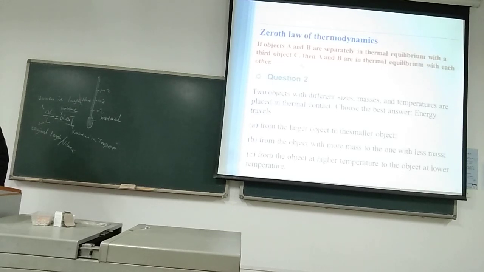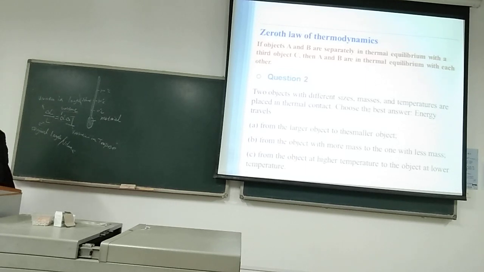That is named the zeroth law of thermodynamics. If objects A and B are separately in thermal equilibrium, how do we read this word? Equilibrium. With a third object C, then A and B are in thermal equilibrium with each other.